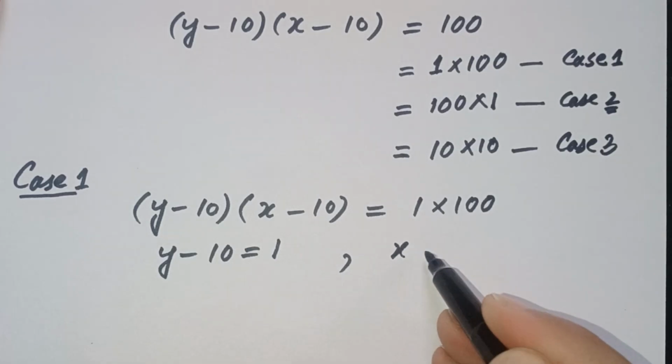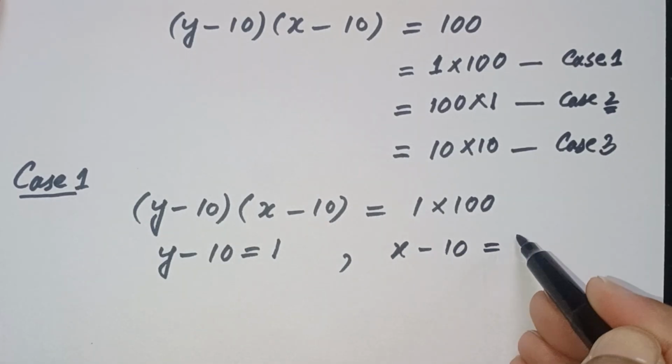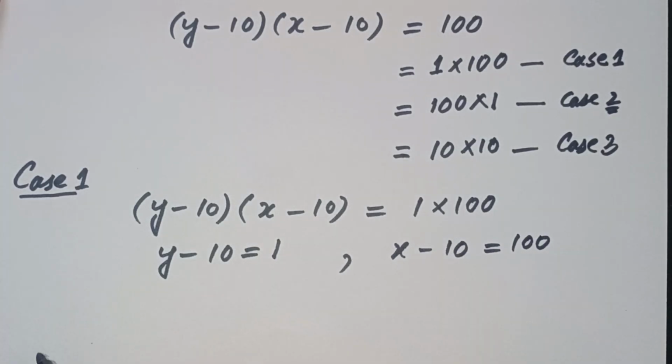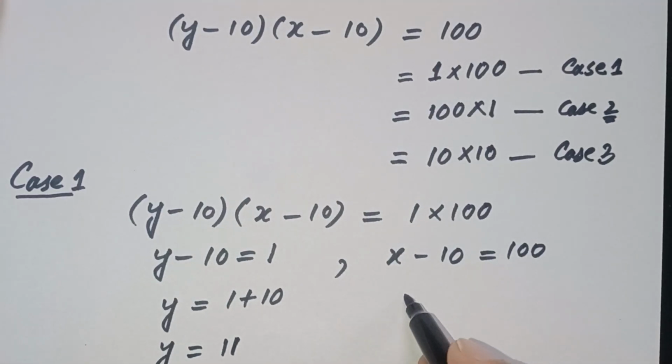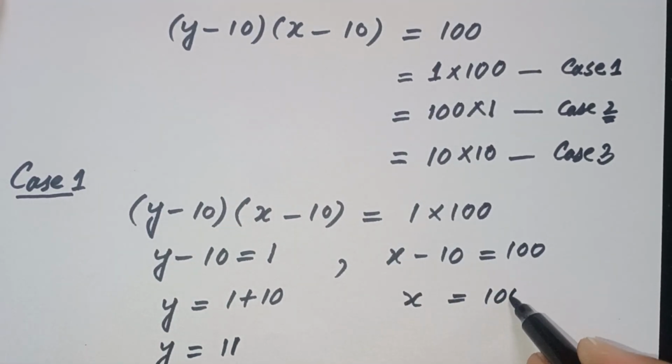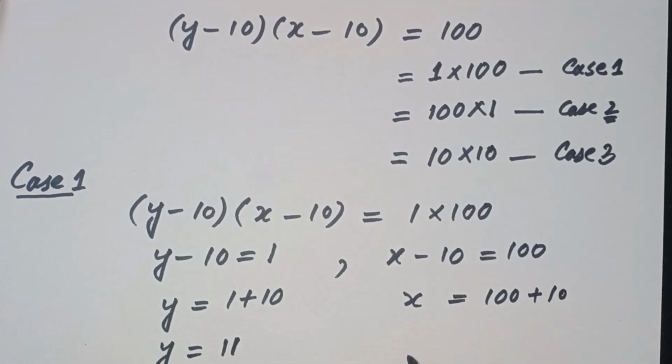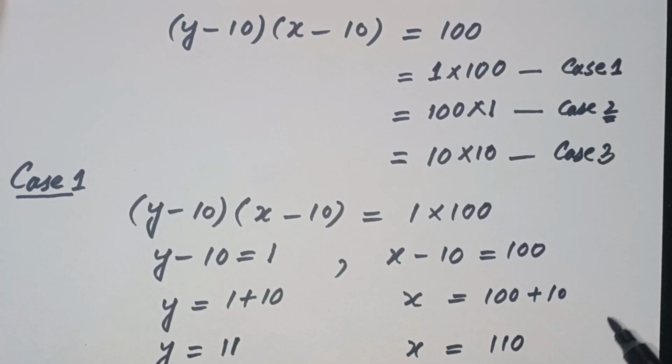From here we have y is equal to 1 plus 10, and we will get y is equal to 11. On the other hand, x is equal to 100 plus 10, and we have 110. x is equal to 110.